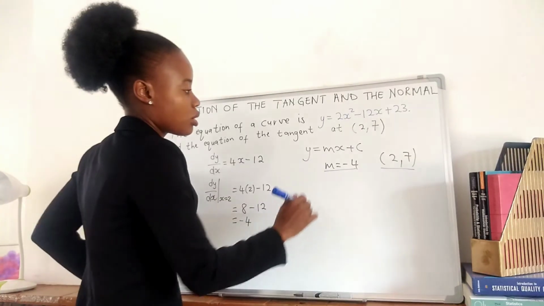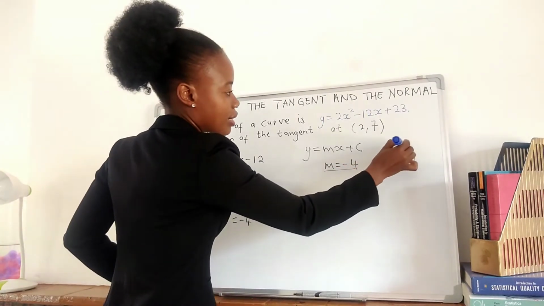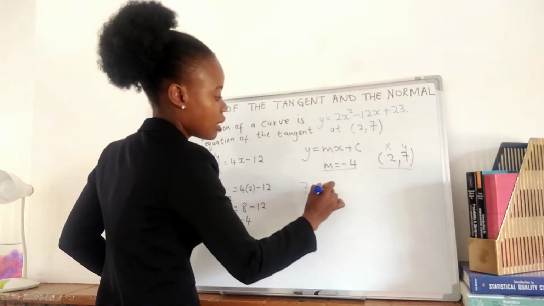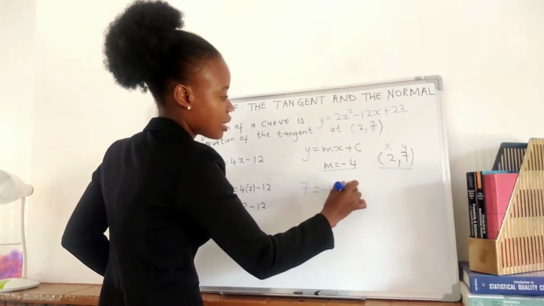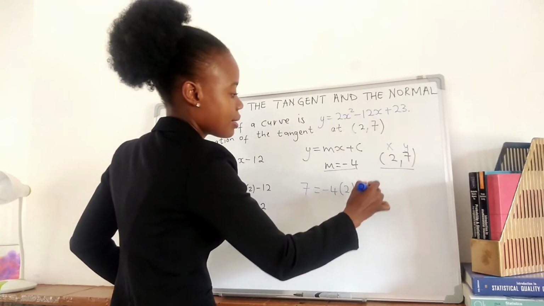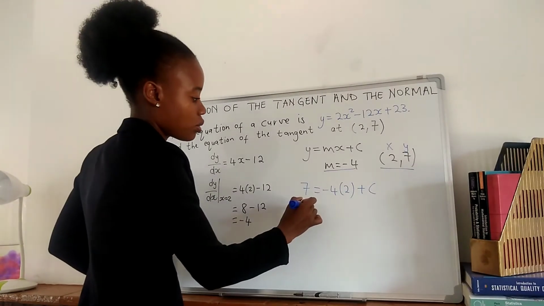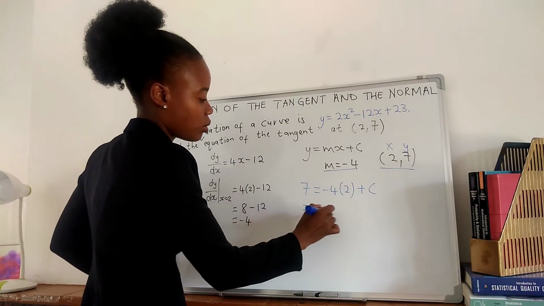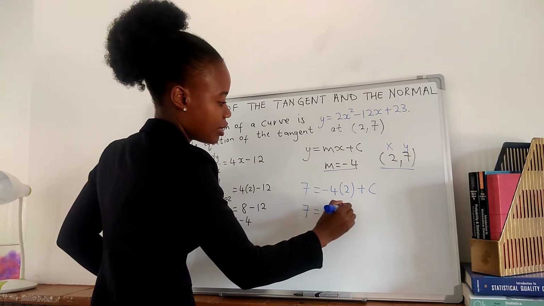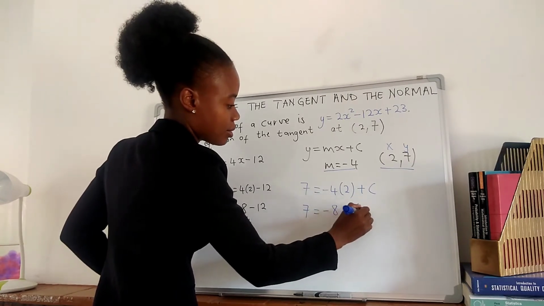Okay, so y, this is x, this is y. We have 7 equals negative 4 times 2 plus c. Okay, so 7 equals negative 8 plus c.